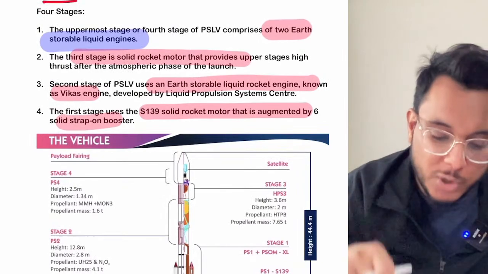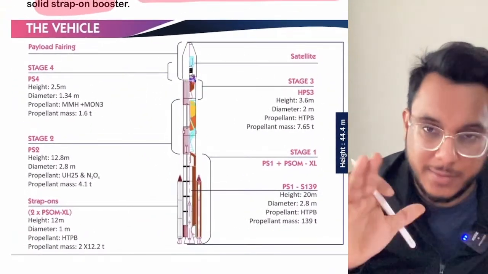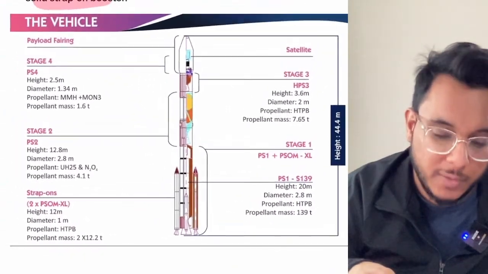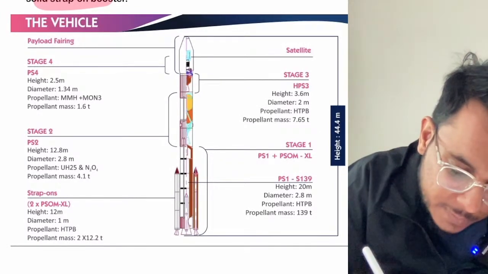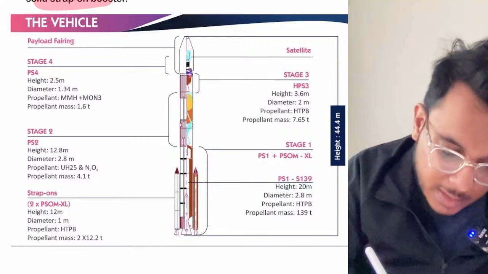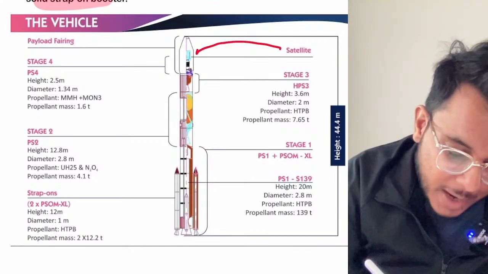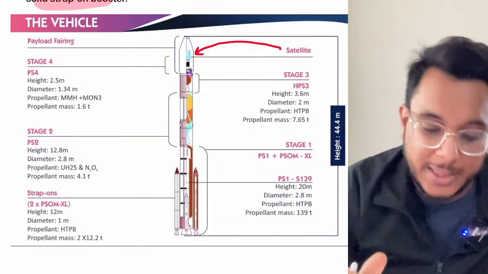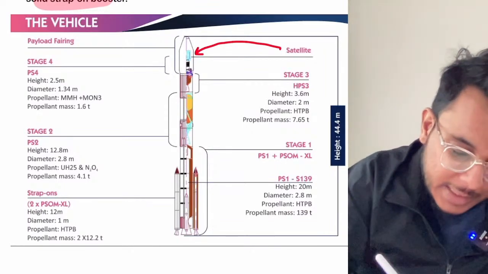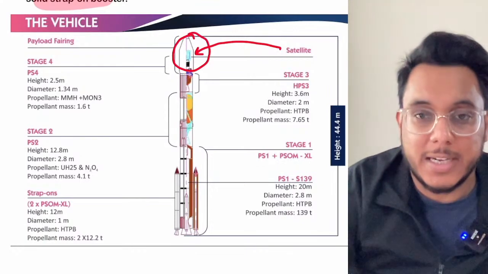Now, what are the 4 stages? You can first of all see the picture of the Polar Satellite Launch Vehicle. Here, the satellite or the payload that has to be installed into the orbit will be placed. Is it clear? So this is the portion where the payload or the satellites will be placed.